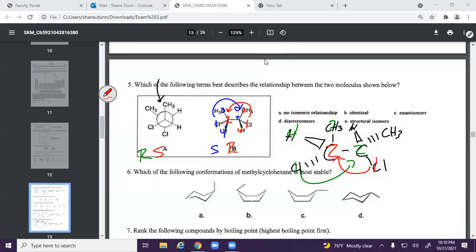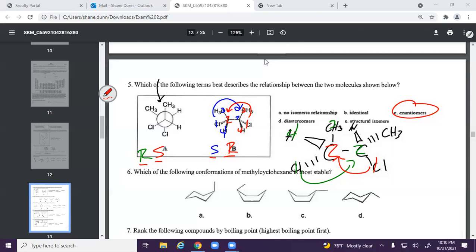RS, SR. They're exact opposite, right? They're enantiomers because they are exact opposites. If they're RR, the exact opposite would be SS.